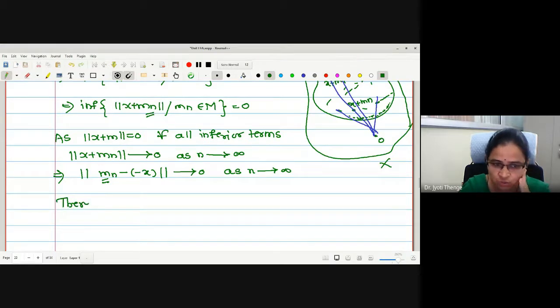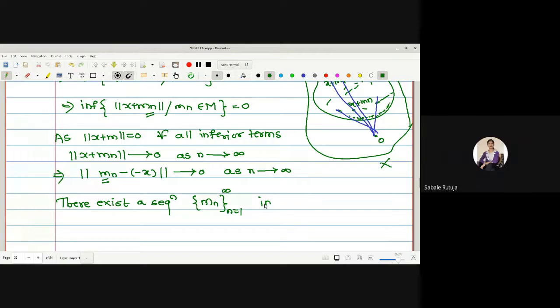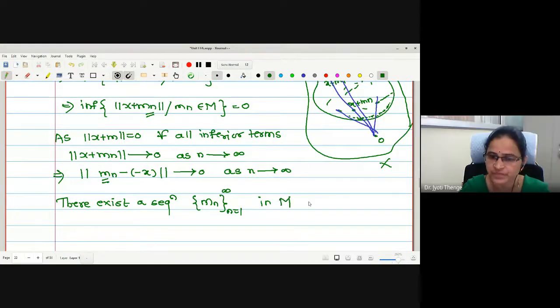There exists a sequence mn. In which set will the sequence be, x or m? In which set will the sequence be? M. Yes, it is in m. Such that, what such that?